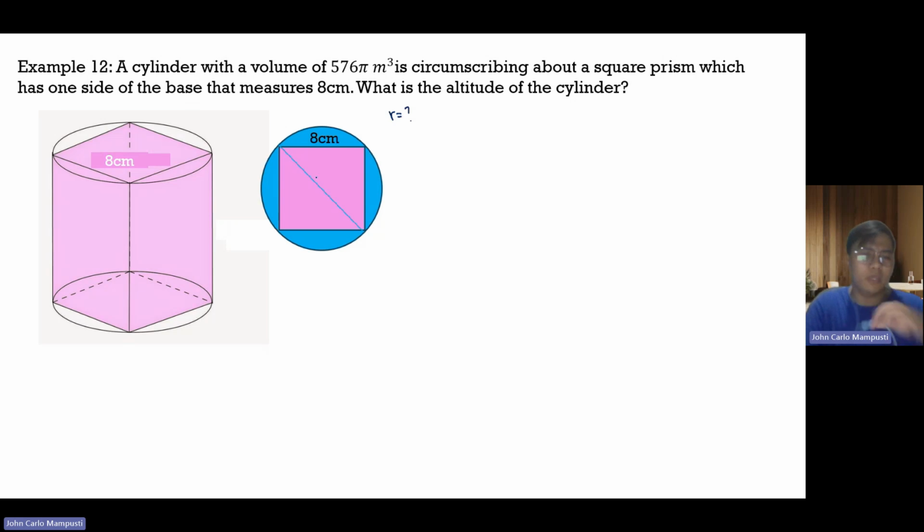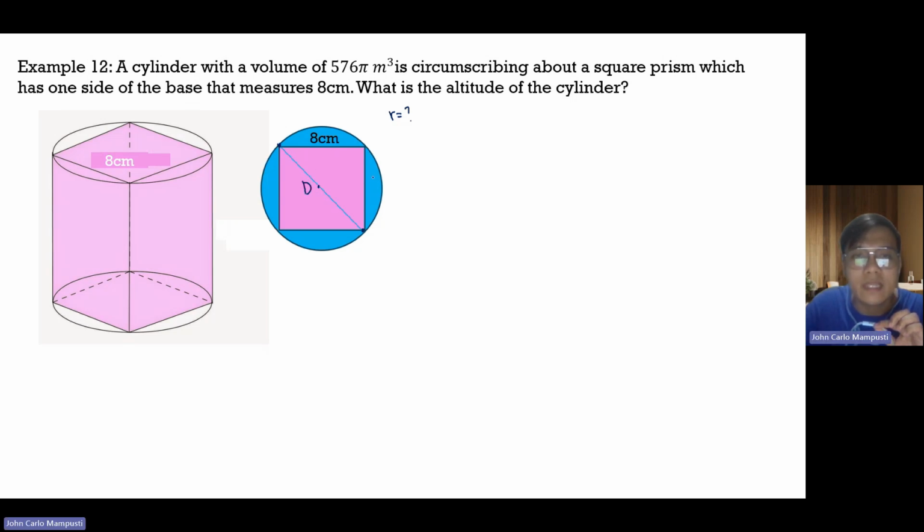Pero paano natin makukuha yung radius natin dito? Okay? As you can see, hindi radius lang nakikita natin, kundi diameter. Ano ba to? This is the diagonal. Diba? It will pass through dun sa center natin. Ibig sabihin, this is our diameter and this is also the diagonal or the hypotenuse ng ating square kung hatiin natin to.